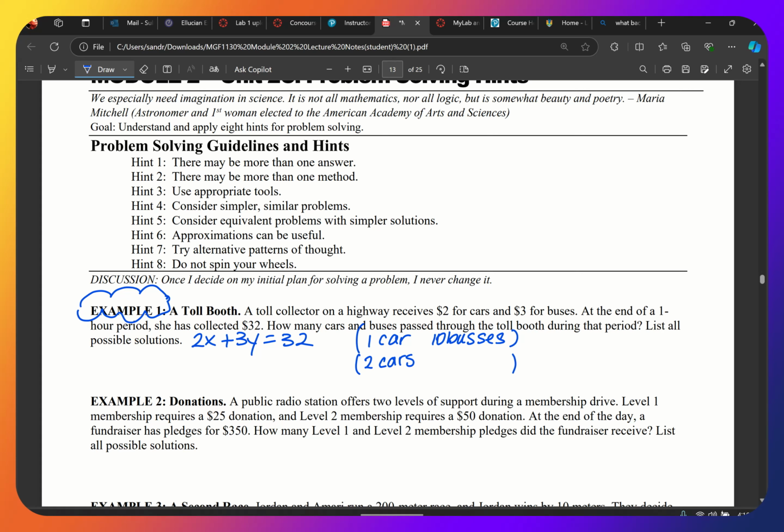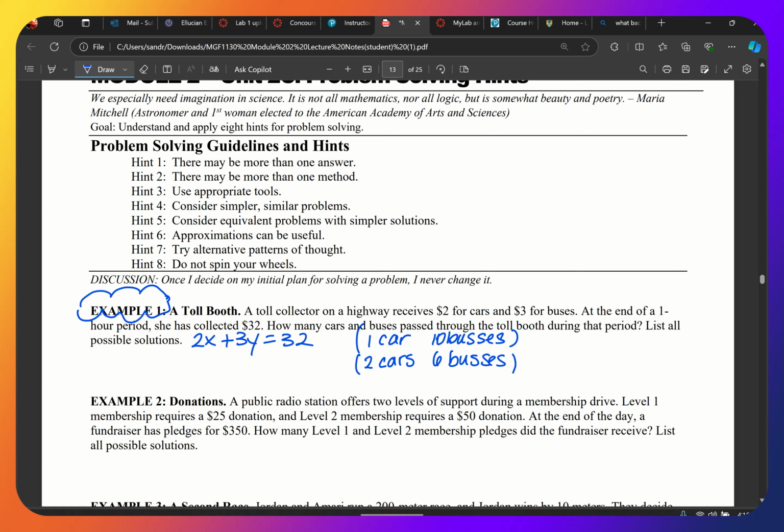Two cars at $2 a piece is $4, so 32 minus $4 is $28. How many buses can you get if each of them is $3? So 2 cars is 6 buses.